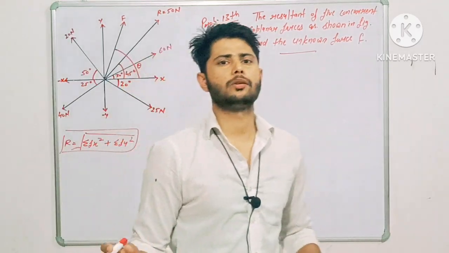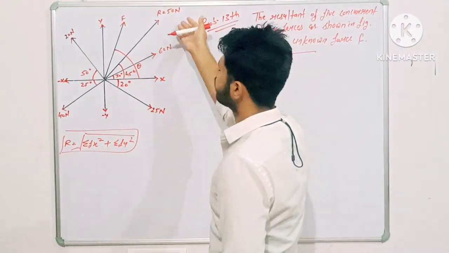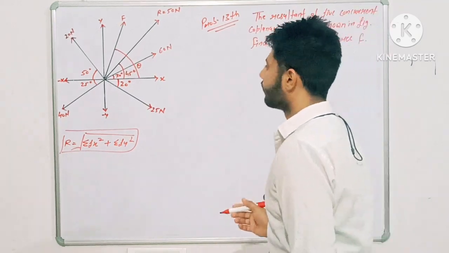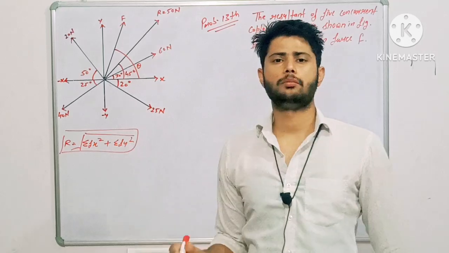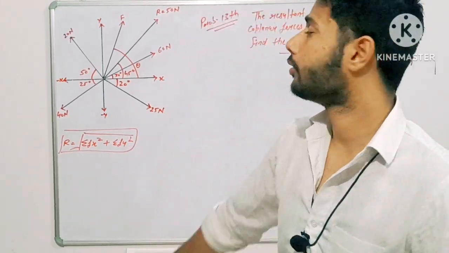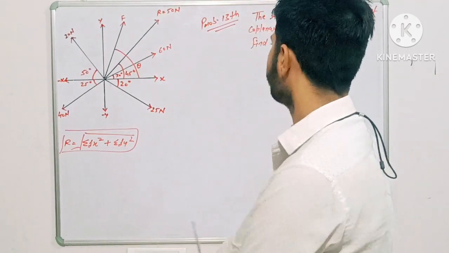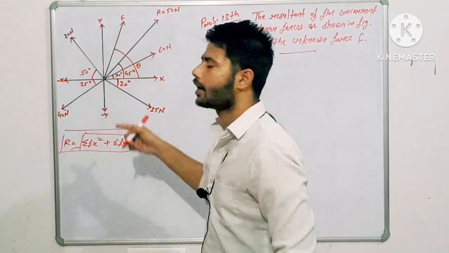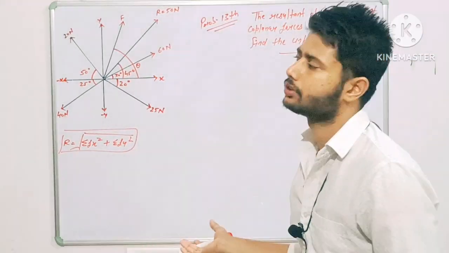This is our direct formula to get the value of the resultant. But the value of the resultant has already been given, so we do not need to find the resultant, but we have to find the force. Before that, we have to find the angle theta. Now we have to resolve all these inclined forces with the same inclined force resolution technique.